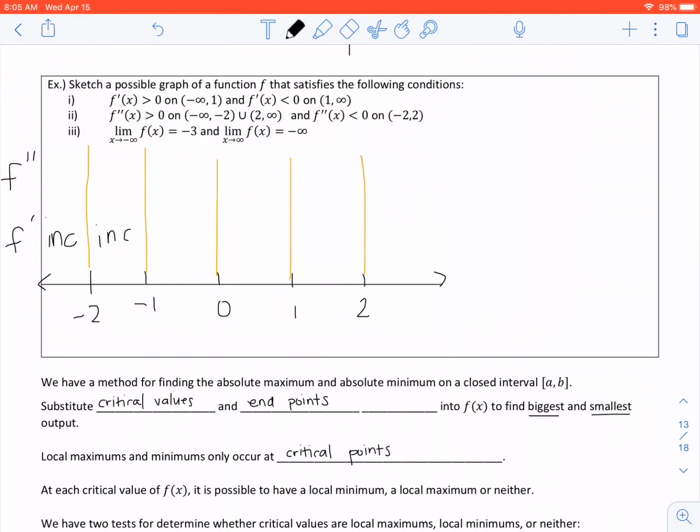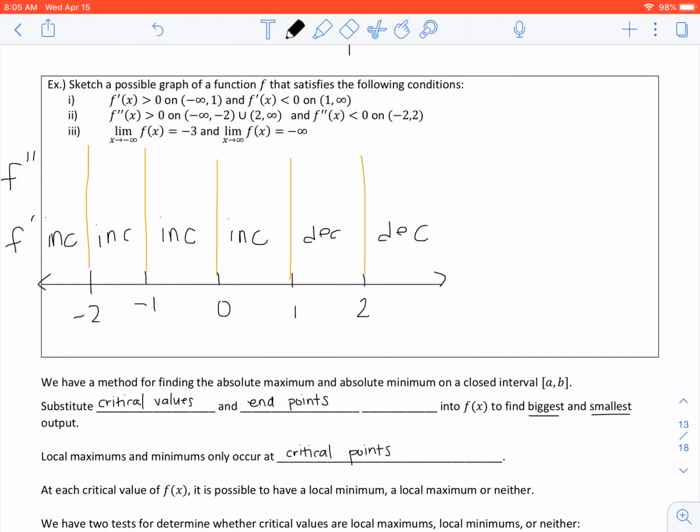All of these little intervals from negative infinity until +1 are increasing. And then we have f prime is less than 0 from 1 to infinity. So that means our slope is negative, so we're going to be decreasing in all these intervals.